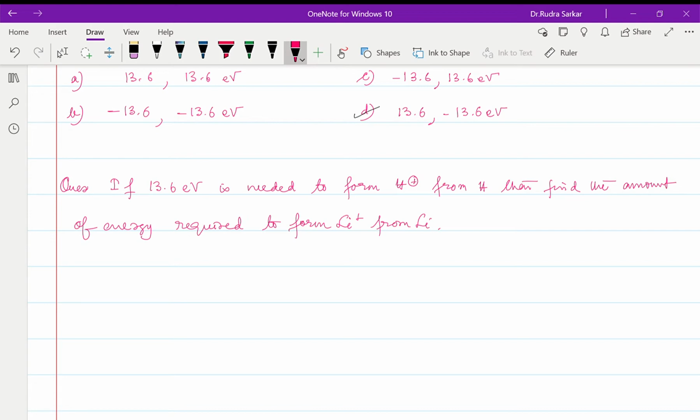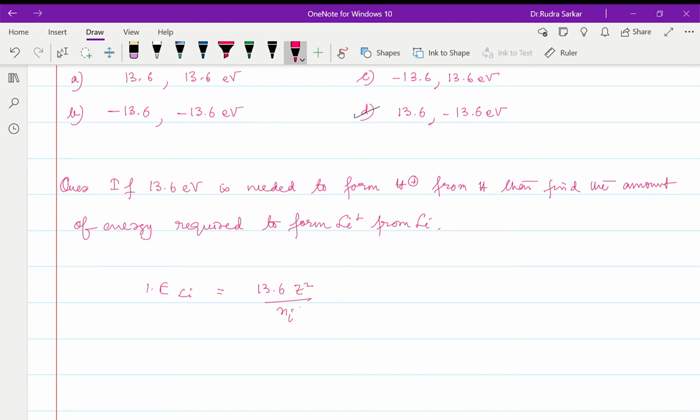So 122.4 electron volt. I did 13.6 into 9. Yes, sir. So it will be the ionization energy of Li. That's what you did, right? 13.6 times Z square by n square.